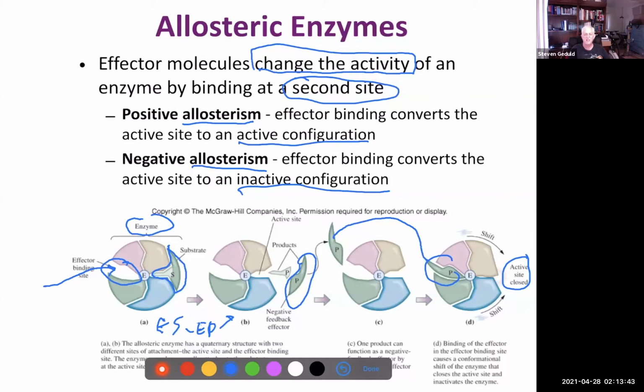When it binds to that second site, it modifies the shape of the active site and basically closes it down. That's an allosteric enzyme: when there's a second site where something binds. And it's like a feedback loop. The more product produced, the more it binds to the effector site, shutting down the active site, making the enzyme inactive.